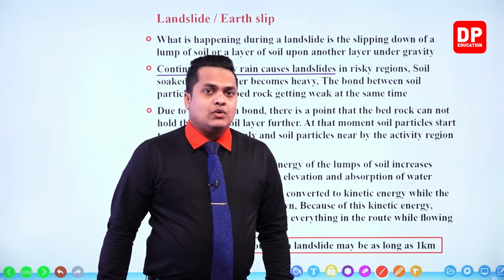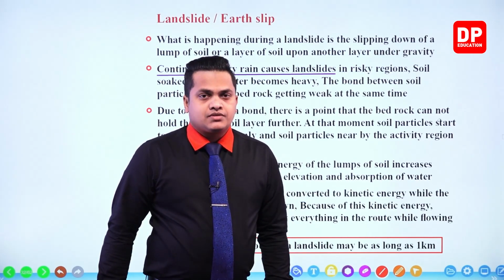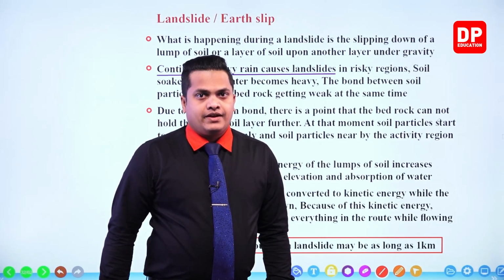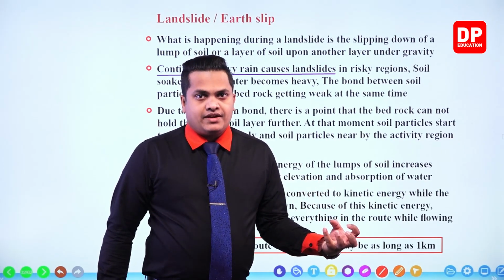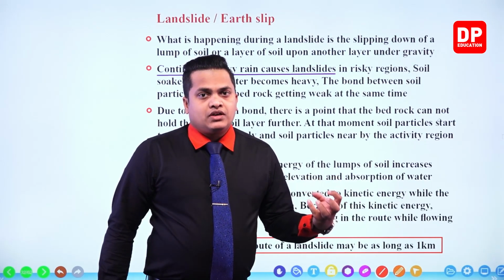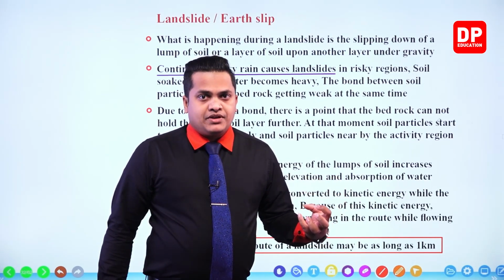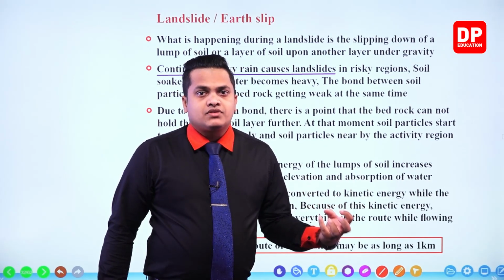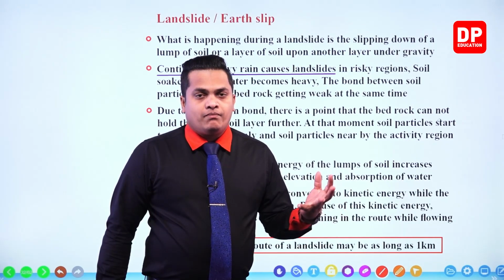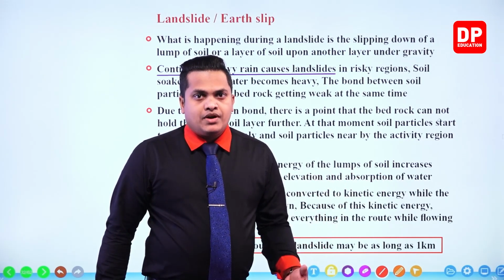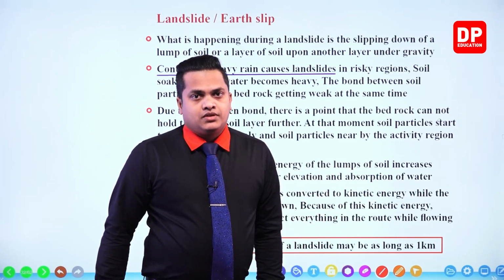Mainly landslides are going to occur because of heavy rain, right? I told you that when there is heavy rain, water will definitely soak between the two layers of soil. In that case, one particular layer, the topmost layer, will come down with the water.